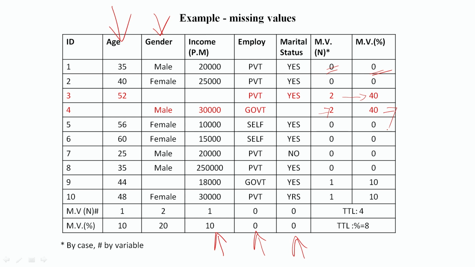So, when you calculate in total, you find there are 8 items, 8 variables which are incomplete. And then you calculate with the total, that means row total and column total.